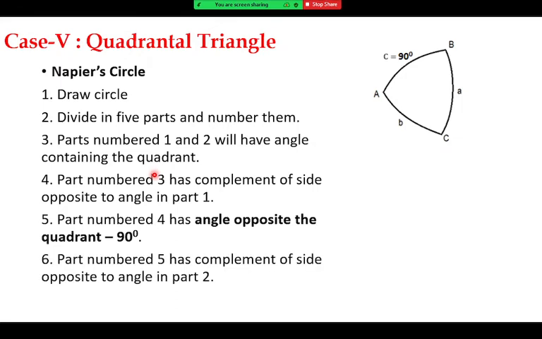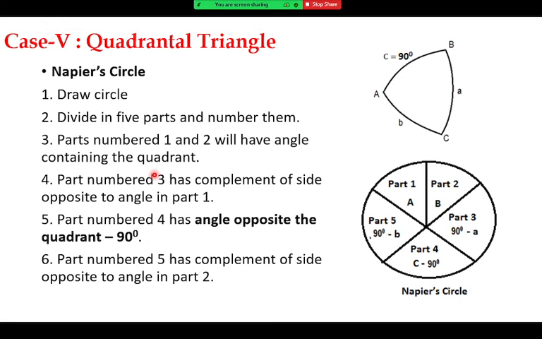Everything is written here, and you will observe. So this is the main part, capital C minus 90. This is 90 minus B, 90 minus A, capital A, B. So these are similar. This way also you can draw your Napier circle. Okay, that's about the Napier circle.